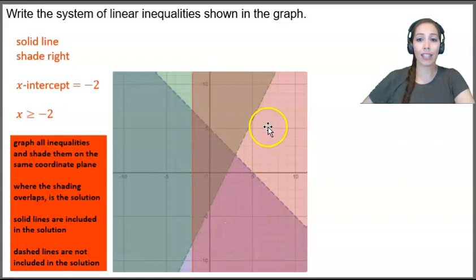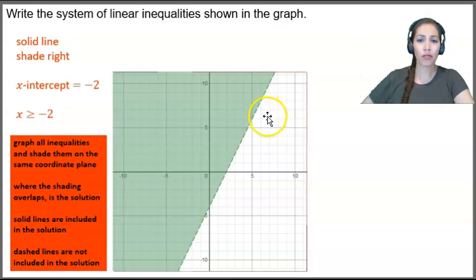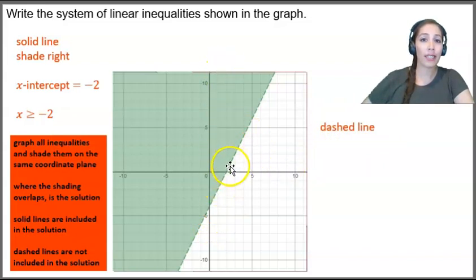Now let's go ahead and look at one of these other dashed lines here. So this first dashed line we'll look at, it looks like it's being shaded above the line or going up the y-axis. So we shade it above. When you have a dashed line, it's going to either be greater than or less than. And because we shaded above, that's going to be y greater than.